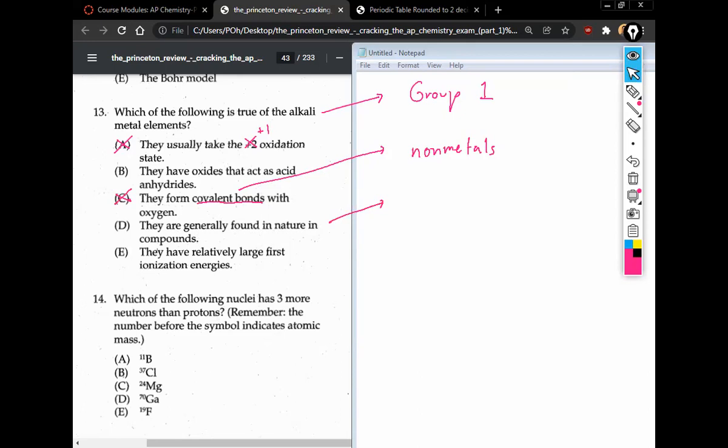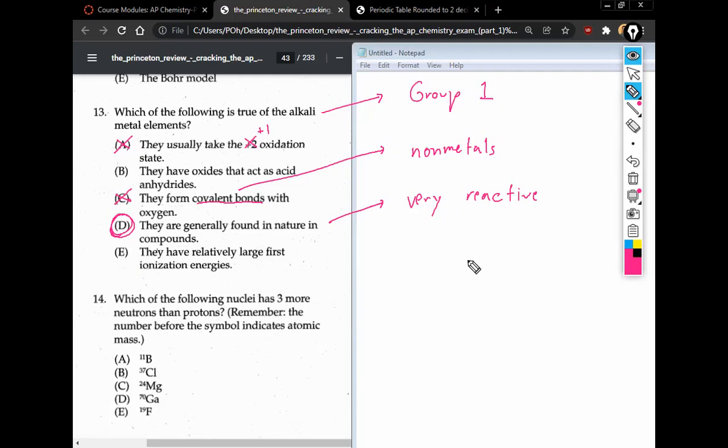So this is actually the correct answer because alkali metals are very reactive. They like to react with a lot of things. Alkali metals are interesting because if you throw them in water, they blow up. And so, yeah, that's fun. No, because the potassium in there forms compounds with stuff in the banana.